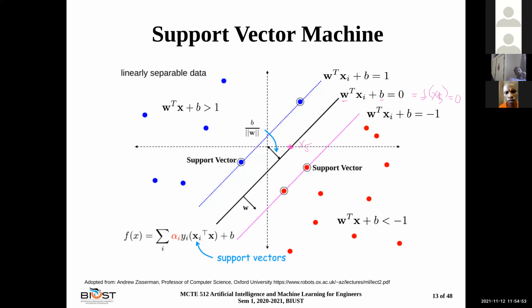Okay, where are the points and where are the vectors? I think the vectors are those lines. Then the points are those other points. The blue dots and the red dots are just points.